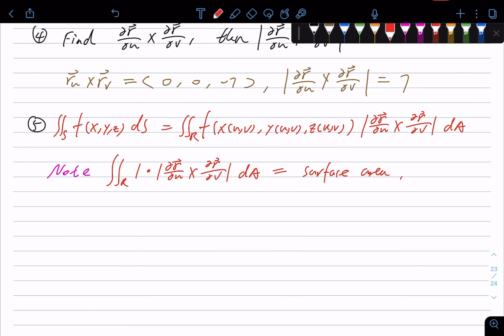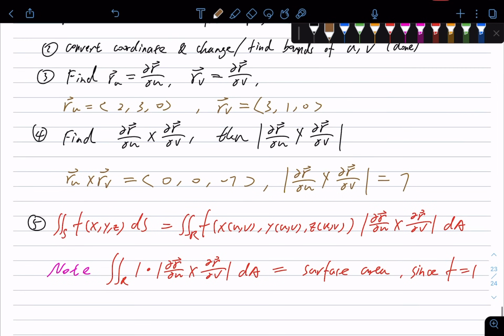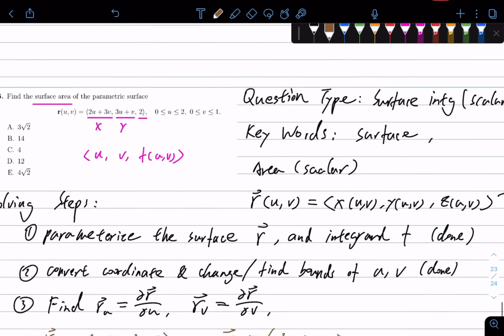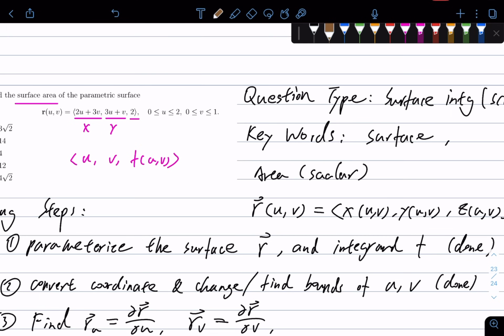So this makes our problem a lot simpler. And then I'm going to keep in mind our bounds are just going to be 0 to 1 and 0 to 2, with 7 du dv.